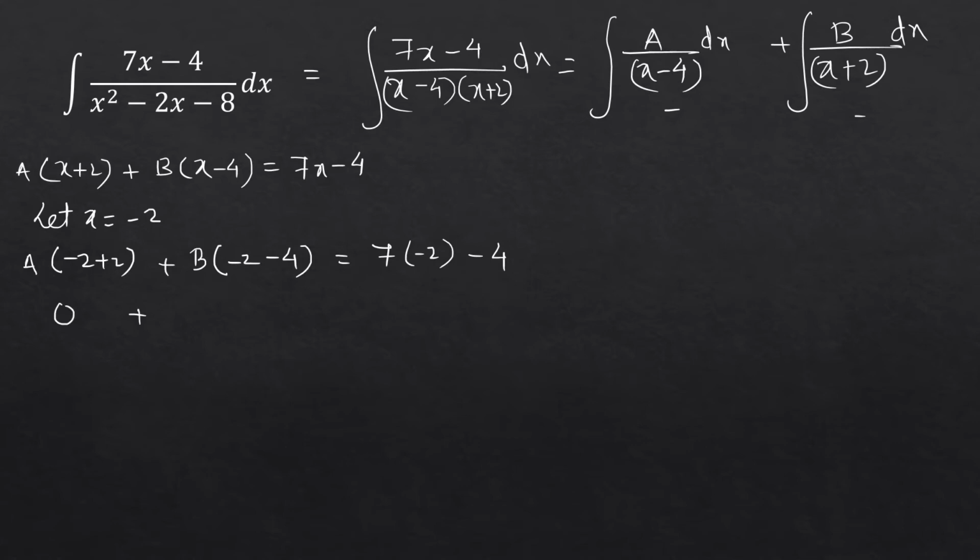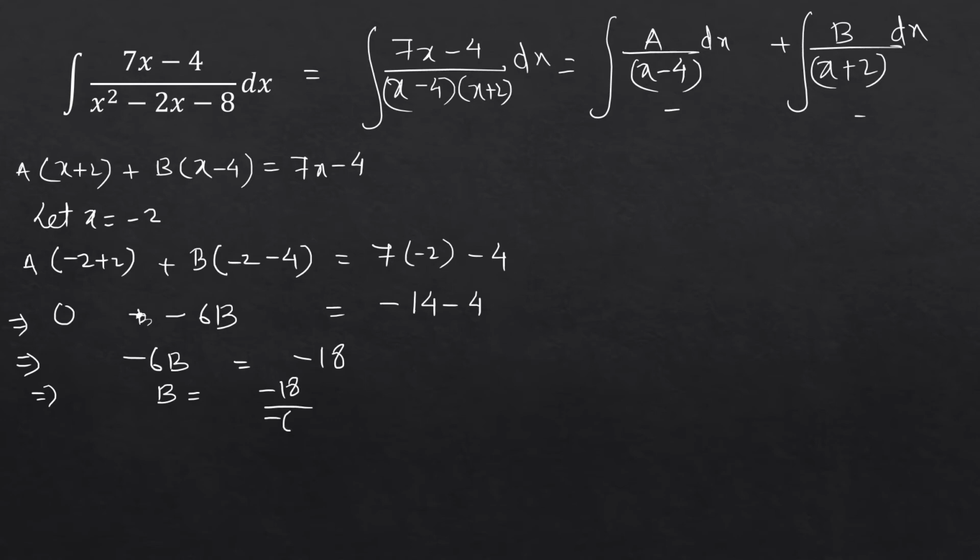Here we will get b times minus 6, so that will give us minus 6b, which is equal to minus 14 minus 4. It implies that minus 6b is equal to minus 18. It implies that b is equal to minus 18 divided by minus 6, which will give us 3. So we got b is equal to 3.